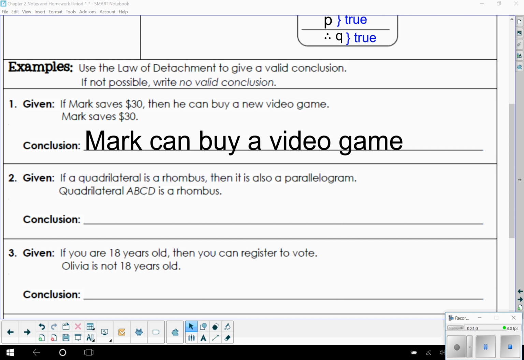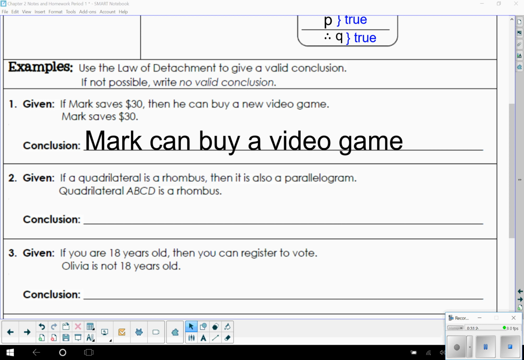For number two, if a quadrilateral is a rhombus, then it is also a parallelogram. Quadrilateral ABCD is a rhombus. So you're assuming that the hypothesis is true, therefore the conclusion is true.